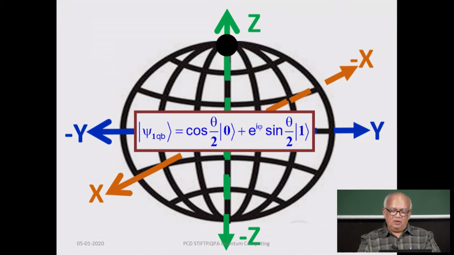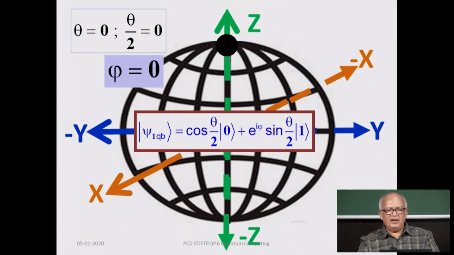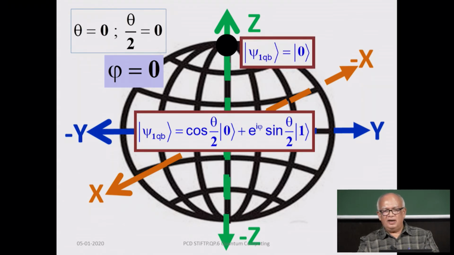So, look at this point, ask yourself what is its polar angle theta, what is its azimuthal angle phi, and what qubit state does it represent. So, theta is 0, phi is also 0, so theta by 2 is also 0. So, cosine of theta by 2 is 1, sine of theta by 2 is 0, and this is the qubit 0. What about the south pole?